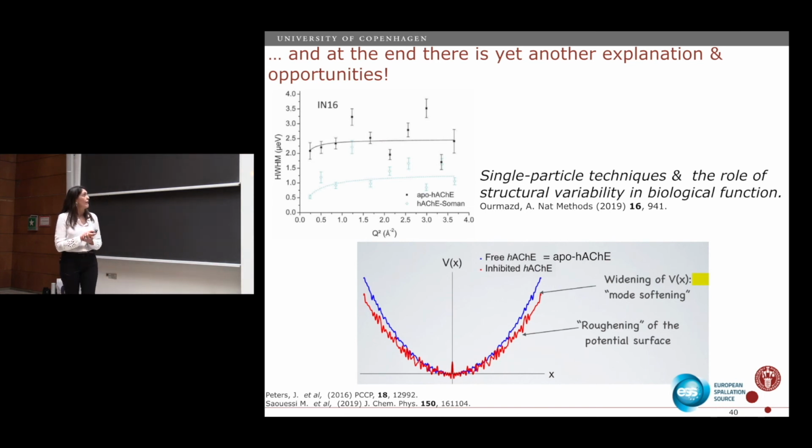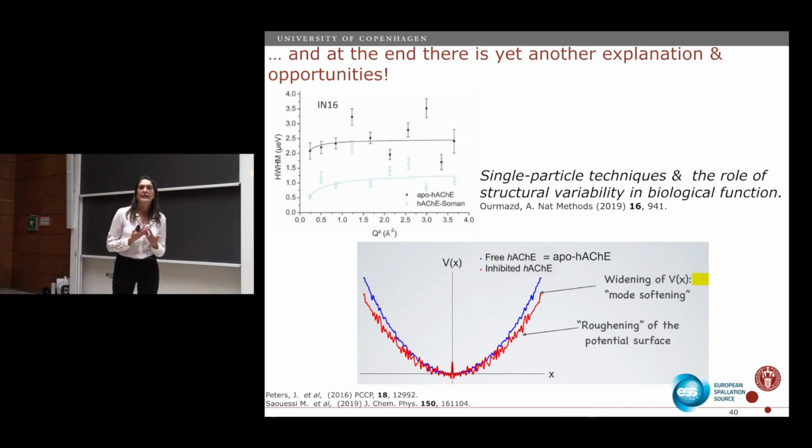And this is a very new publication also. It's a very interesting and very challenging publication that came out because of the first XFEL experiments, where we can really look at single particles, where Abbas says single particle techniques and the role of structural variability in biological function. And the point here that makes us think is that when we are looking at dynamics, I'm looking at how things are moving fast.